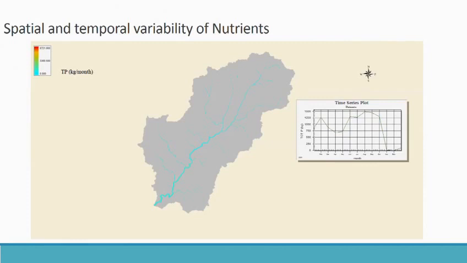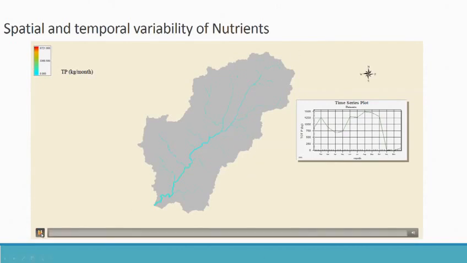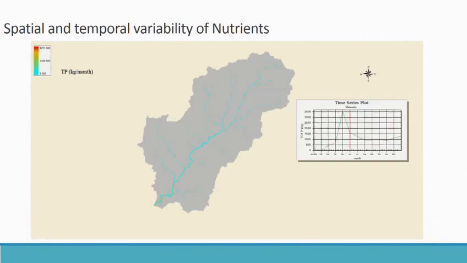And after calibration of the model, we can visualize how the nutrients vary. I just want to run the animation. So after calibration we can see how the flow or nutrients vary within the catchment. For different periods of time we can see different loadings.